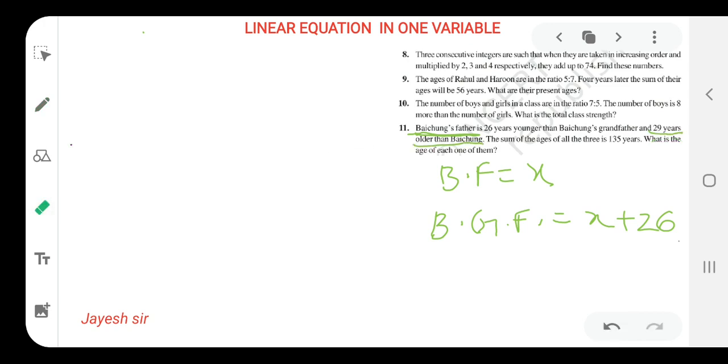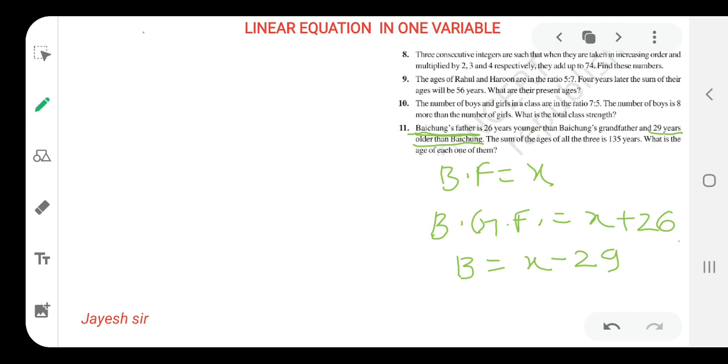So Baichung's age would be 29 years less than his father, and we have taken his father as x, so we can write x minus 29. I hope you all might be getting it.